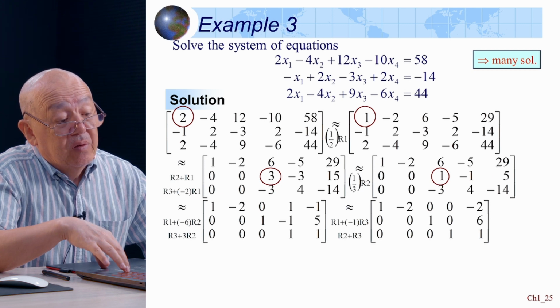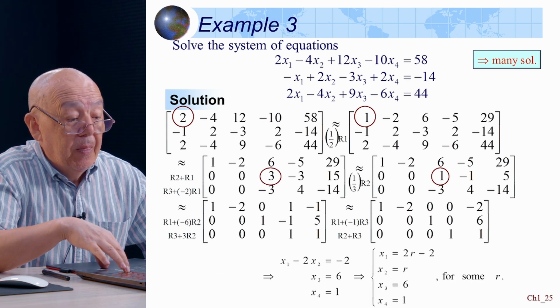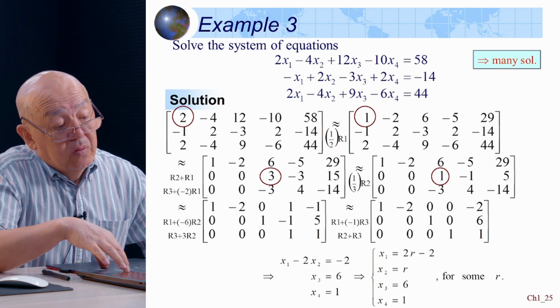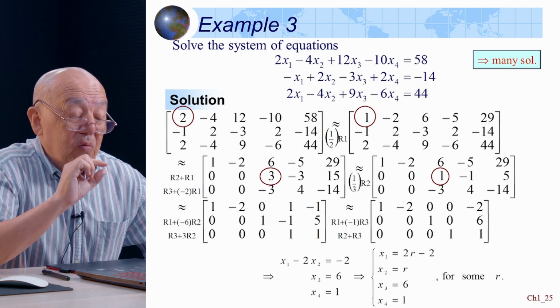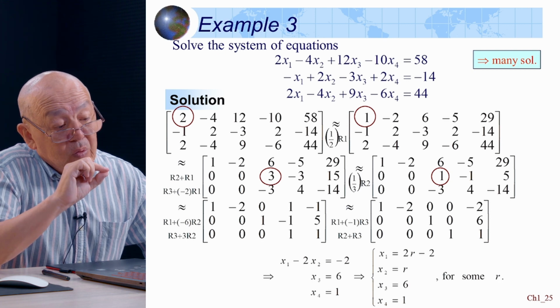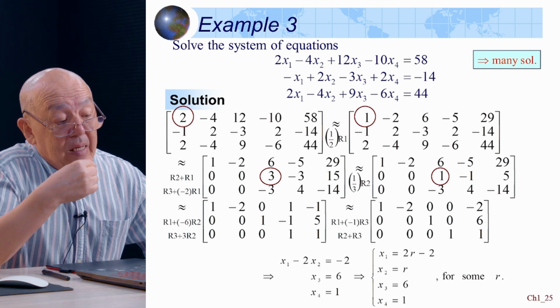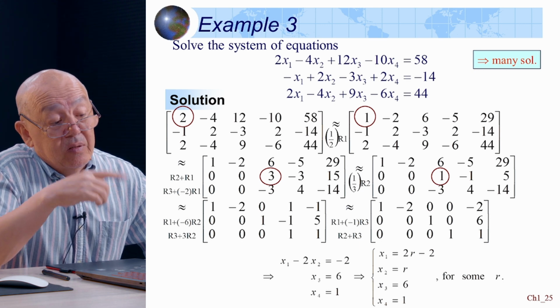x1, x3, x4 are basic variables, and x2 is free. So we put x2 is r, and what is x1? Please imagine any time when you write the solution that each row corresponds to an equation. For example, the first row, 1, minus 2, 0, 0, minus 2 means that x1 minus 2x2 is equal to minus 2 on the right side.